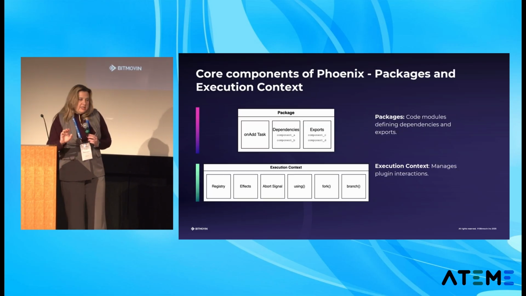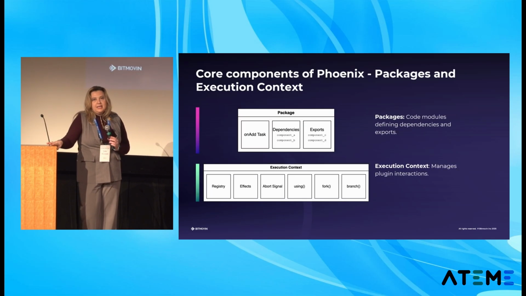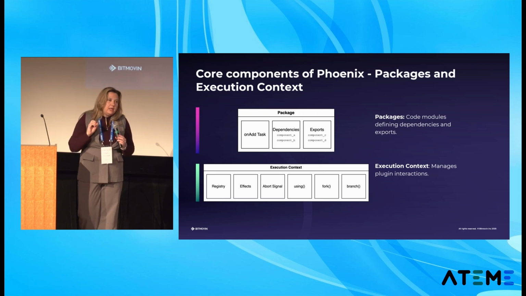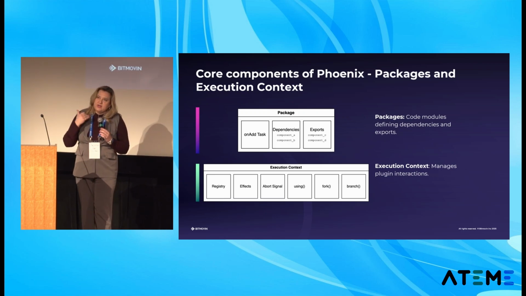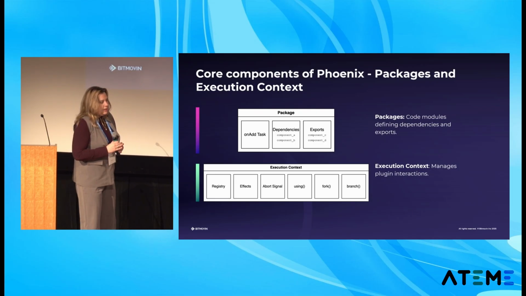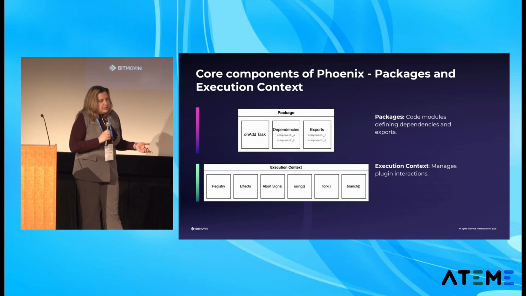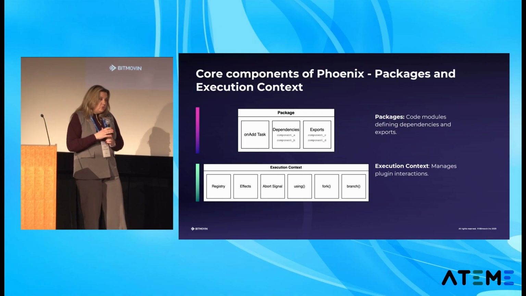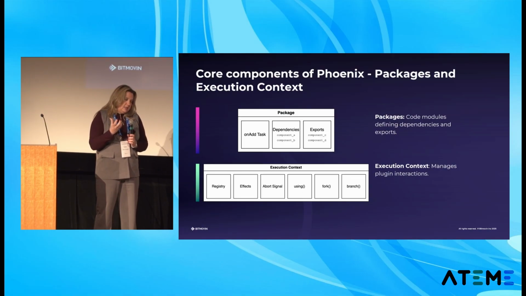The framework is built in a way that it executes packages. Packages are code modules that define functionality, and this is the way you can extend the functionality that is running in the framework. The package has dependencies and exports, and it needs an execution context.